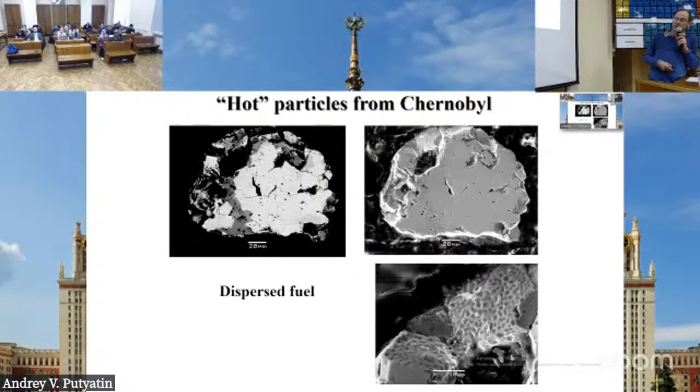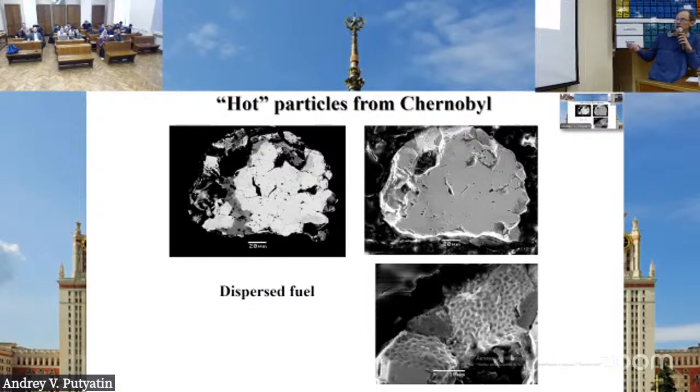Let's look at different particles from Chernobyl. Again, hot particles, which are just fuel which was expelled from the reactor. This fuel is more or less intact, in the sense that you beautifully see the internal structure of the pellet. You see some grains, you see some porosity, elongated pores, spherical pores, and so on.